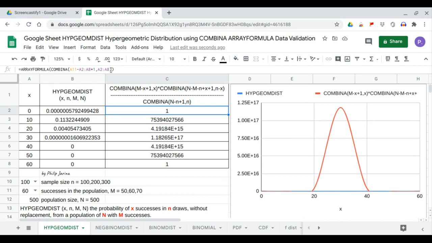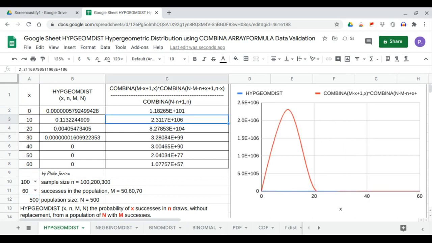So times COMBINA of capital N minus capital M, so the population minus the successes in the population, minus the sample size plus x plus 1, comma n minus x, the sample size minus x.